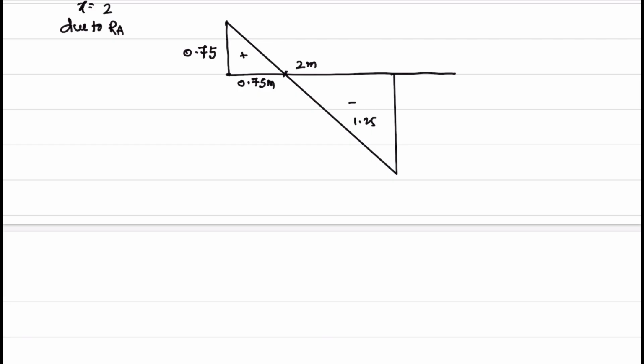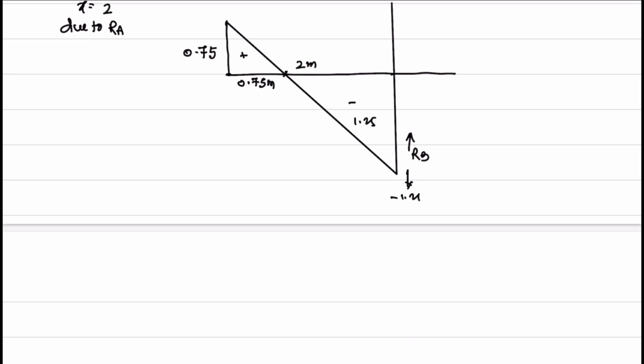Now, once you go beyond 2 or at 3, there is a reaction force also acting. Reaction force is acting in this direction, RB. When you add RB to minus 1.25, what happens? RB is 2.25, and here it is minus 1.25.